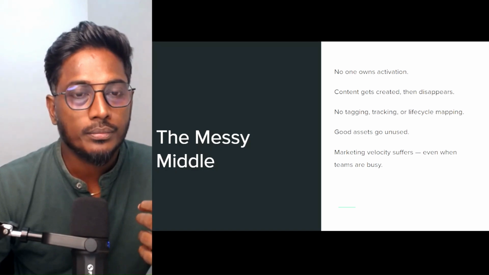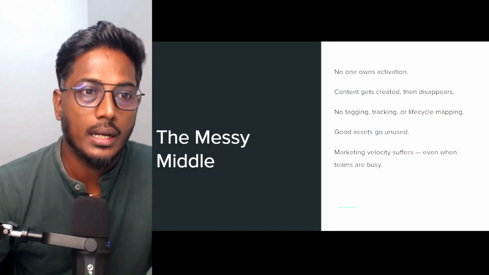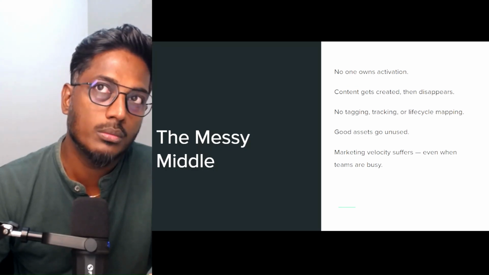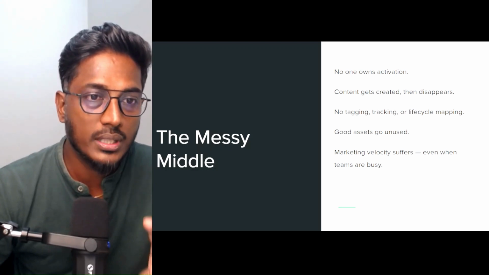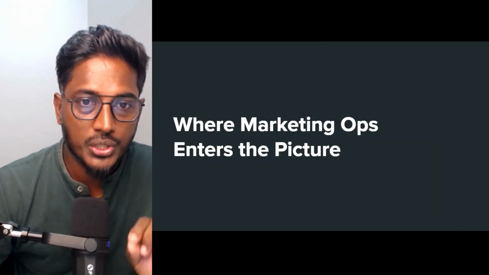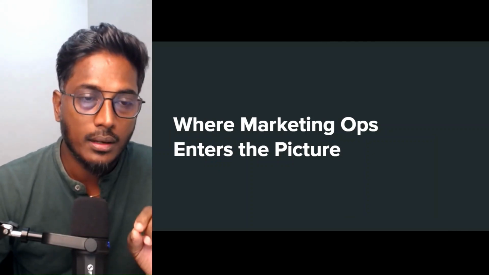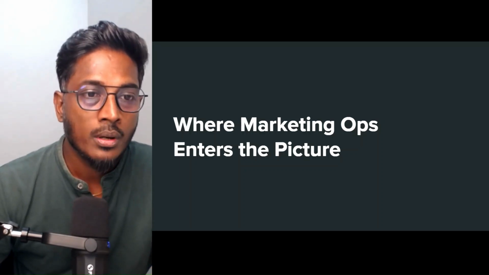And because no one quite explained the why part of things, the team as a whole does not have that clear picture. And this is where marketing operations steps in to align the strategy with execution and connect what your brand is saying to how your business is selling.